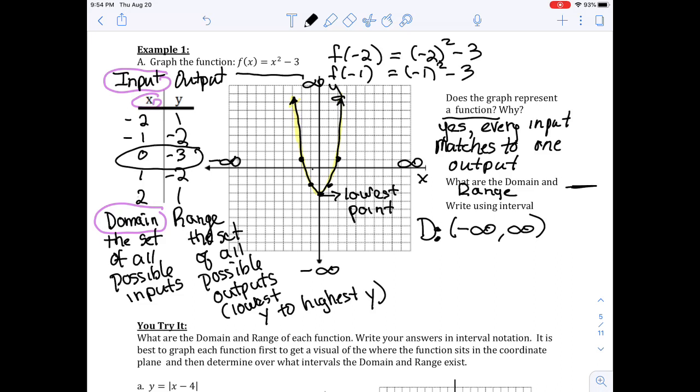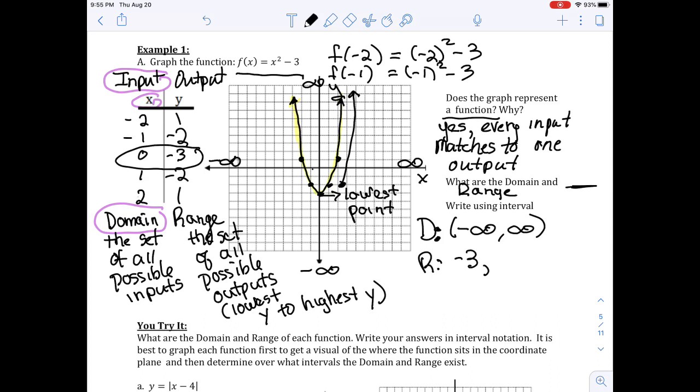Now, your range is the lowest y to the highest y. So the lowest y is -3. The highest y, so think your eyes track from the lowest, that's -3, from right here, up.